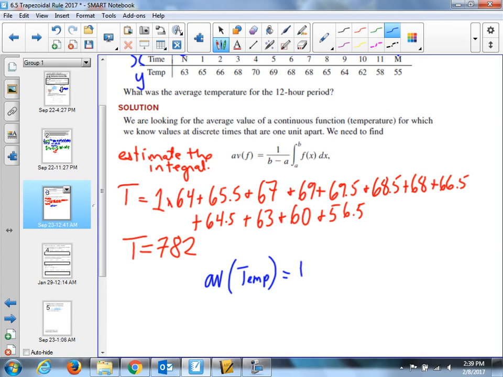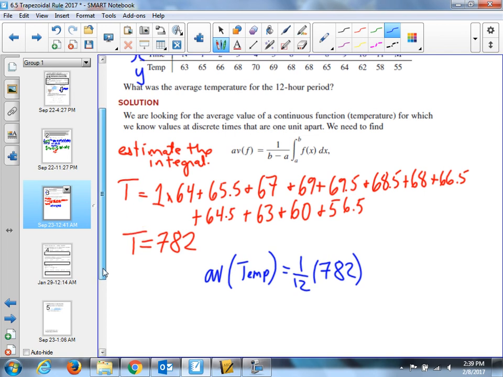Okay, so 1/12. I have approximated that integral using an estimate. I use the trapezoidal estimate, 782. And you'd have a calculator. And to 3 decimal places at least, 65.167 degrees Fahrenheit.